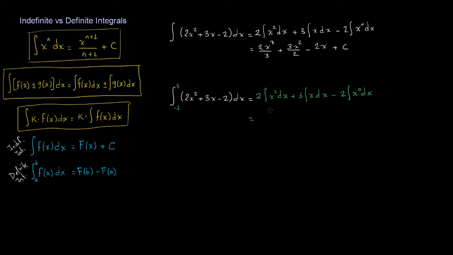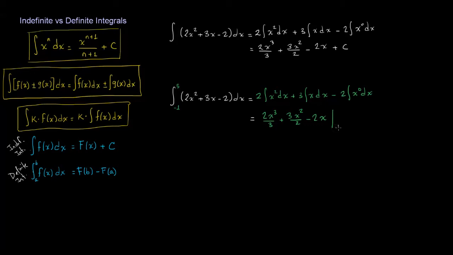Now the difference in the way you have to write it comes in the second step. The notation will look the same: 3 times x squared over 2 minus 2 times x, but instead of writing the c, you write a bar, which is where you're going to write the interval.